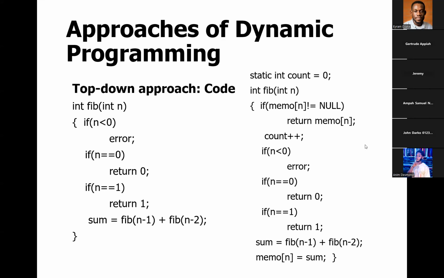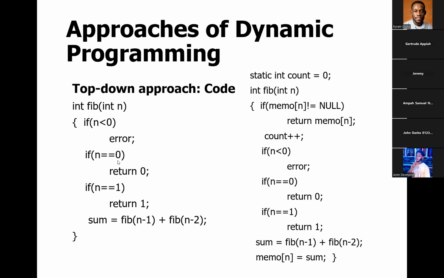So this example shows how the top-down approach works, with Fibonacci numbers. If the number is less than 0, it's an error.